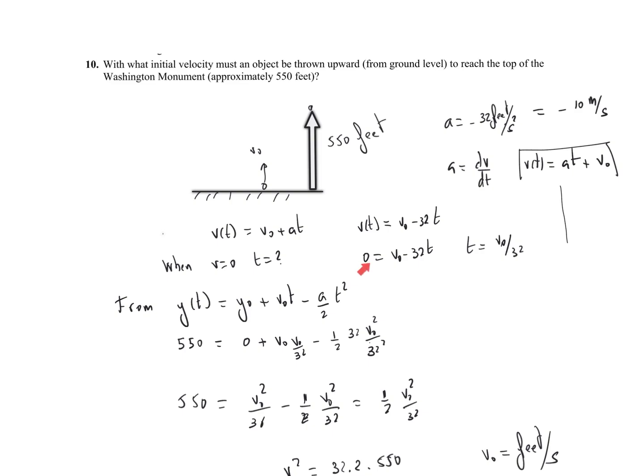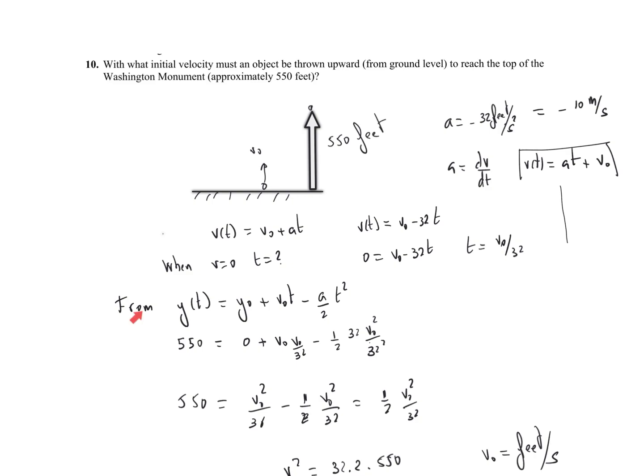When the velocity is 0, 0 equals v0 minus 32t, and this allows me to find t. So t is v0 divided by 32. So I have the time that elapsed for the body to arrive at the highest point of 550 feet, but I don't know the initial velocity.